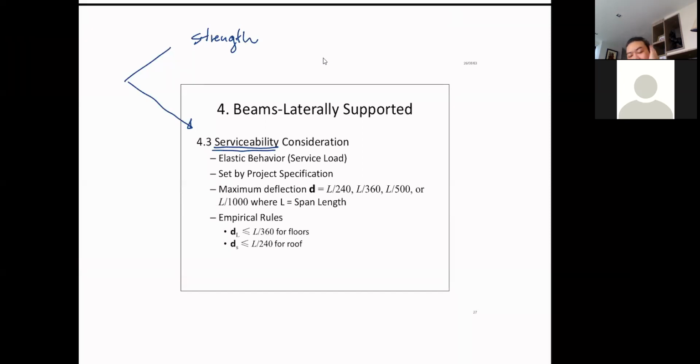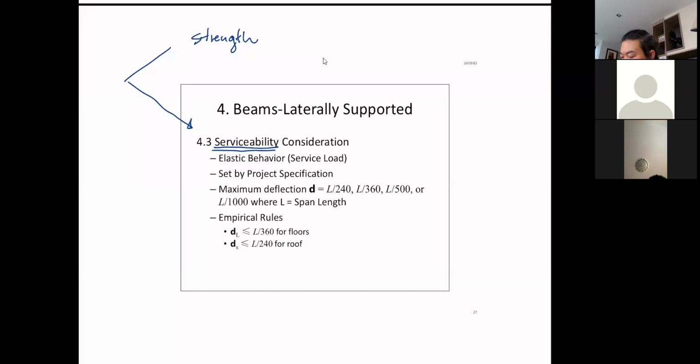Well, the word sounds grand, but it simply means that your beam should not have too much deflection. Okay, and we are going to always check this in the elastic behavior. Because when we talk about the deflection, you don't want deflection to cause, say, some permanent damage in your member. You want to control the deflection to be in the elastic region.